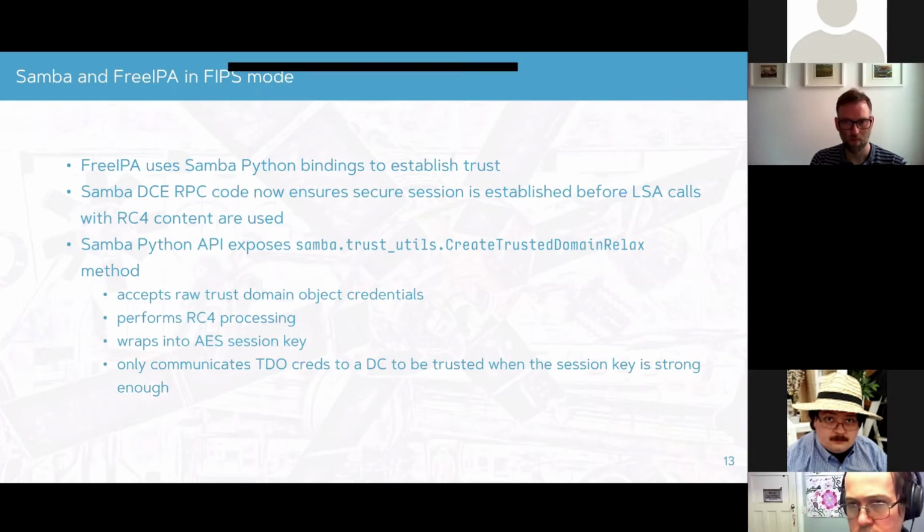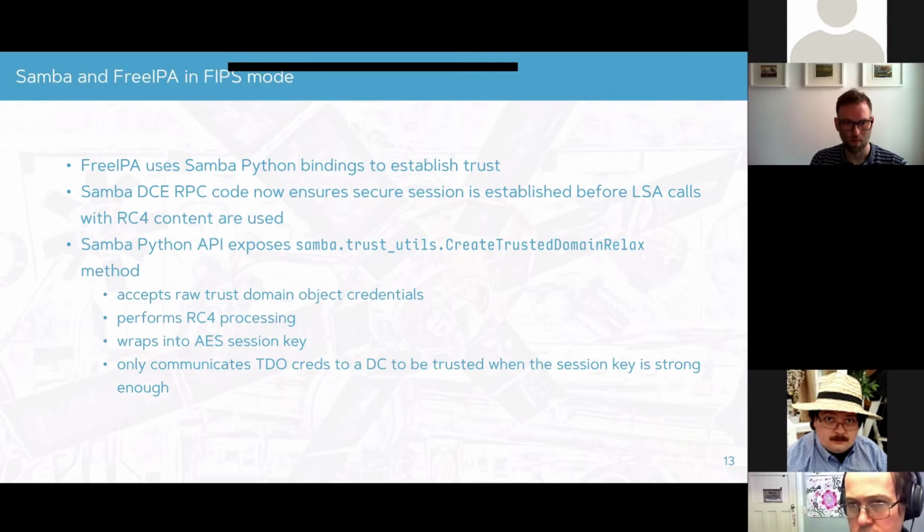And as I said, we have this problem with LSA calls: we have to ensure that the session used for communicating with the other domain controller is a secure session, and then we can use RC4 internally. But if both FreeIPA and Samba are running in FIPS mode, then RC4 is not available through the crypto libraries, and we really should avoid duplicating that code.